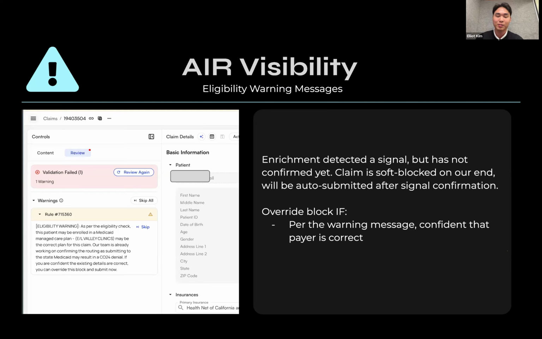So again, this is not something where manual intervention is needed. However, the warning displayed will sometimes need manual action and override only if, as the warning message says, we are confident that the payer is correct. Then these warning messages can be overwritten. So this is something to keep note of.